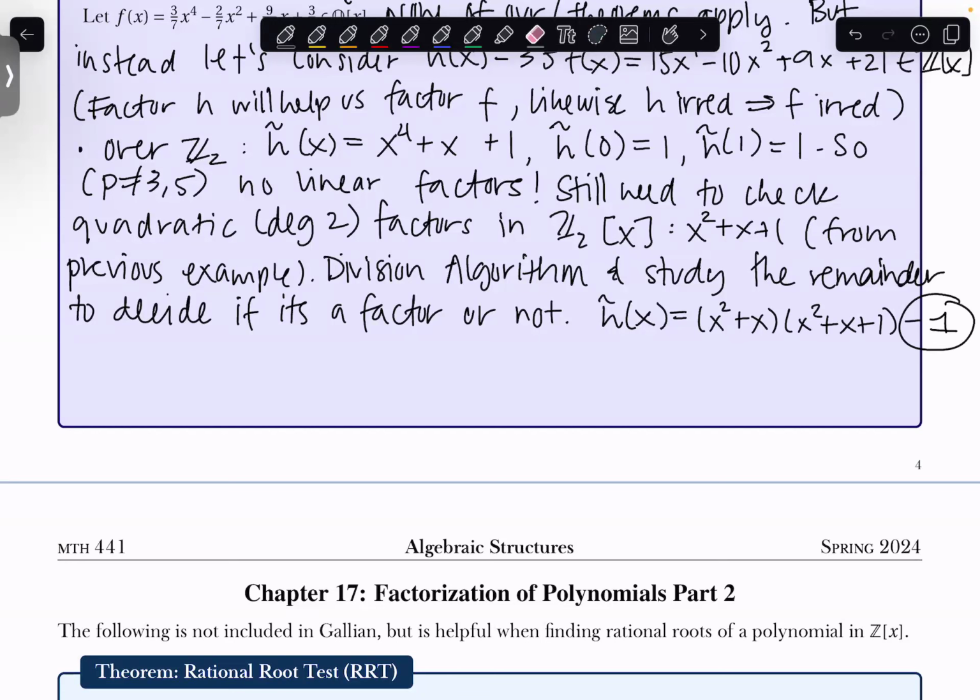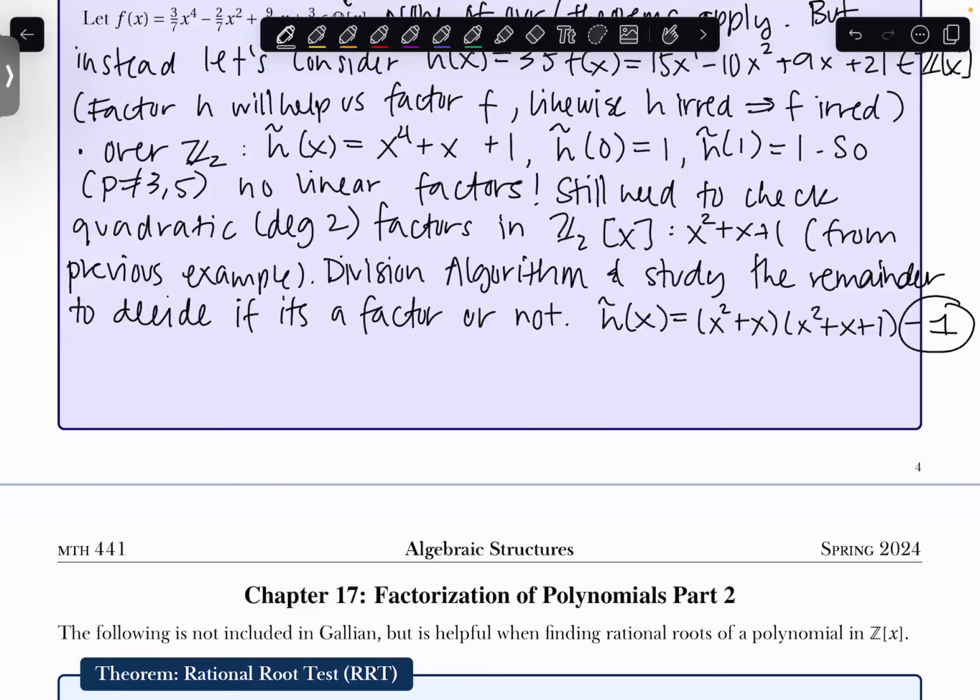Okay, so again, because my remainder is not equal to 0, I know that this guy here is not a factor. Because that was my only option for my degree 2s. And I already know I can't have any degree 1 with 4. Degree 2 and 3 are my only other options, but I have no degree 2s that are going to work. This is immediately telling me that h tilde is irreducible.